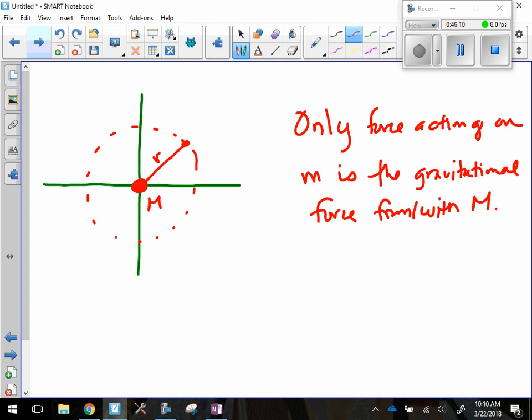And because my little planet here is moving around in a circle, what kind of motion is it undergoing? Yeah, but things moving around in circles that are drawn to the thing in the middle is a certain kind of motion from a long time ago.